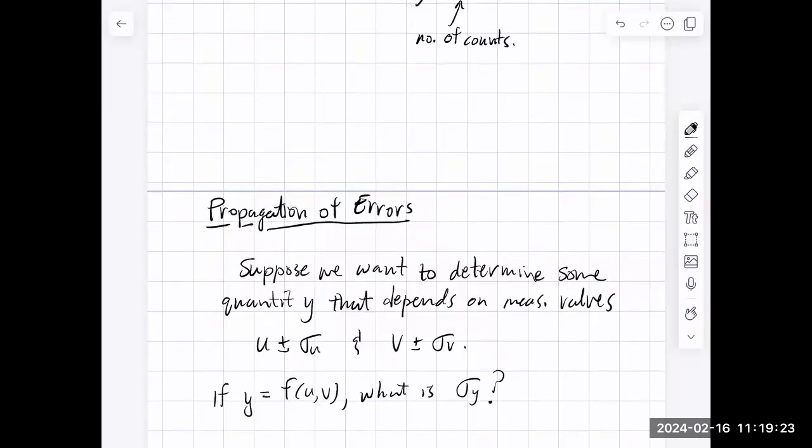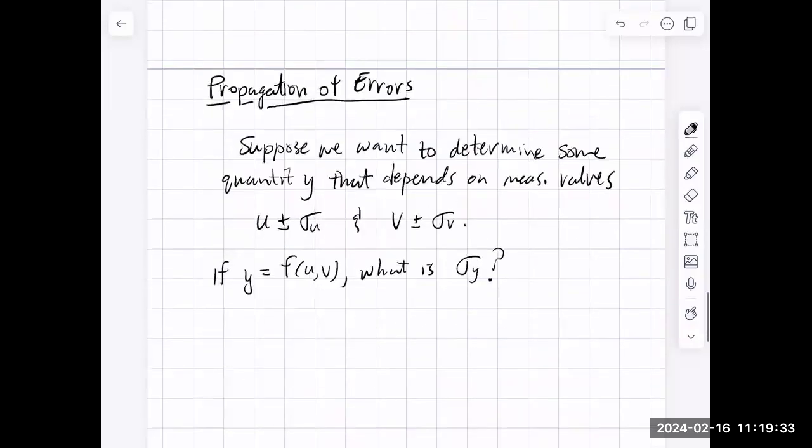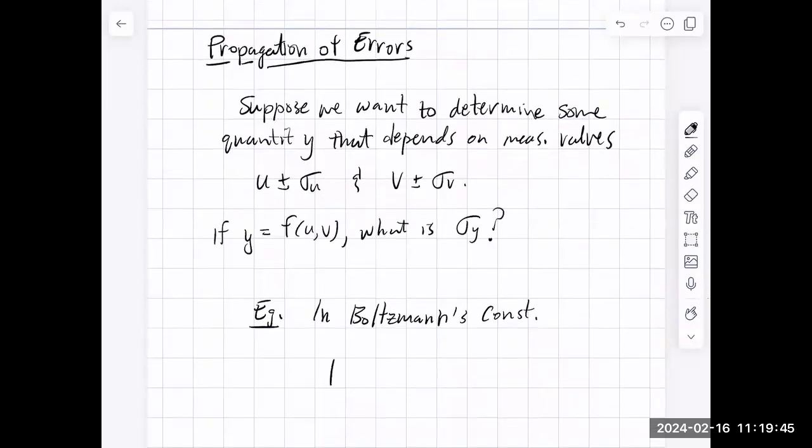Okay, so to make this a little more concrete, a little less abstract, we can talk about one of the experiments that's available in the lab. So, for example, in Boltzmann's constant, let's see.